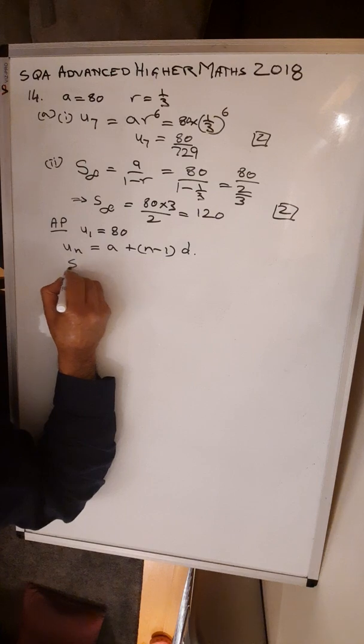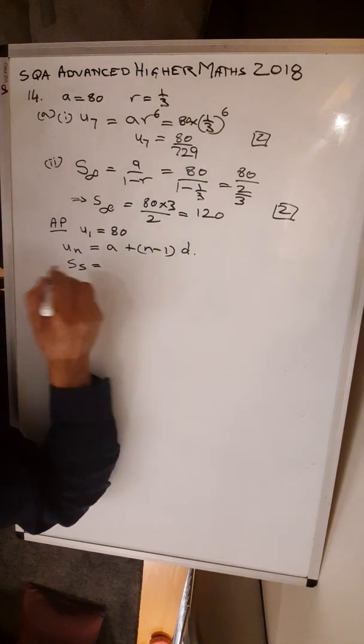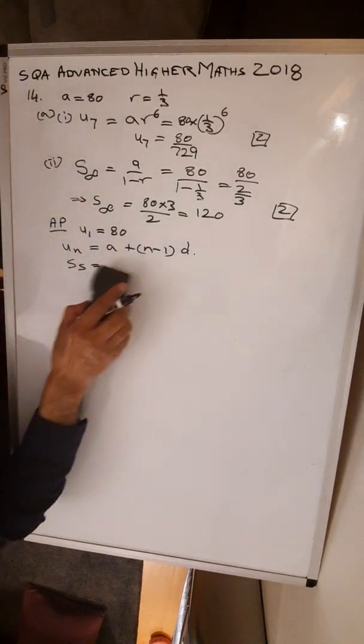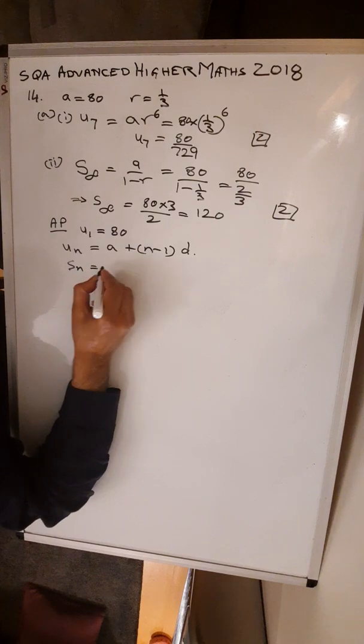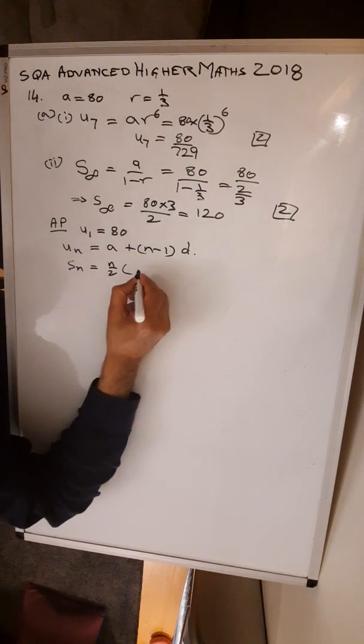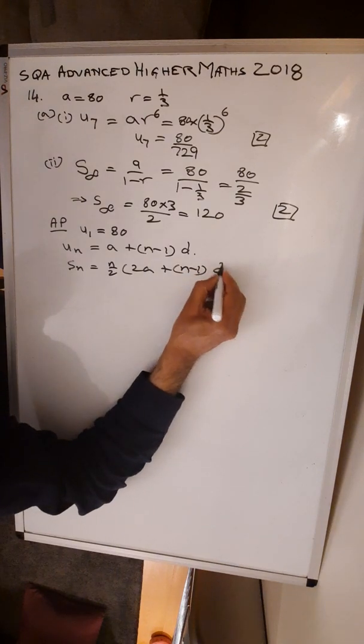So S5 is equal to the sum of an arithmetic sequence: Sn is equal to n over 2 times 2a plus n minus 1 times d.